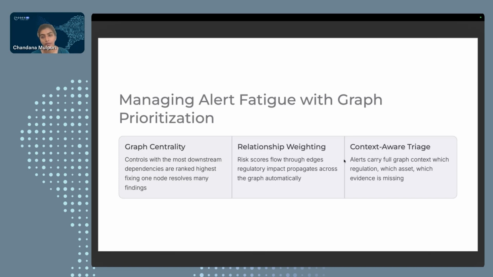And the third one we have enabled is context-aware triage, where alerts carry full graph context: which regulation, which asset, which evidence is missing, so that the team has the maximum amount of information needed to fix and apply the patch.